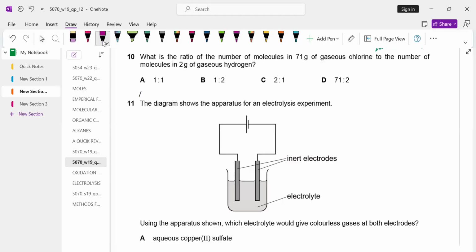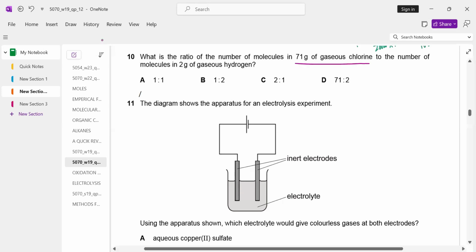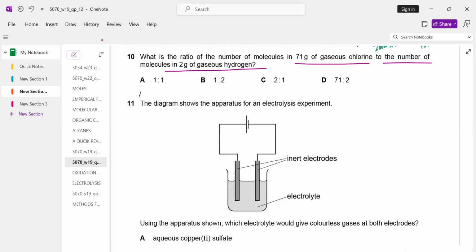Now question number 10, what is the ratio of the number of molecules of 71 grams of gaseous chlorine to the number of molecules of 2 grams of gaseous hydrogen? Firstly, the mass in grams is given, and you need to find the moles.